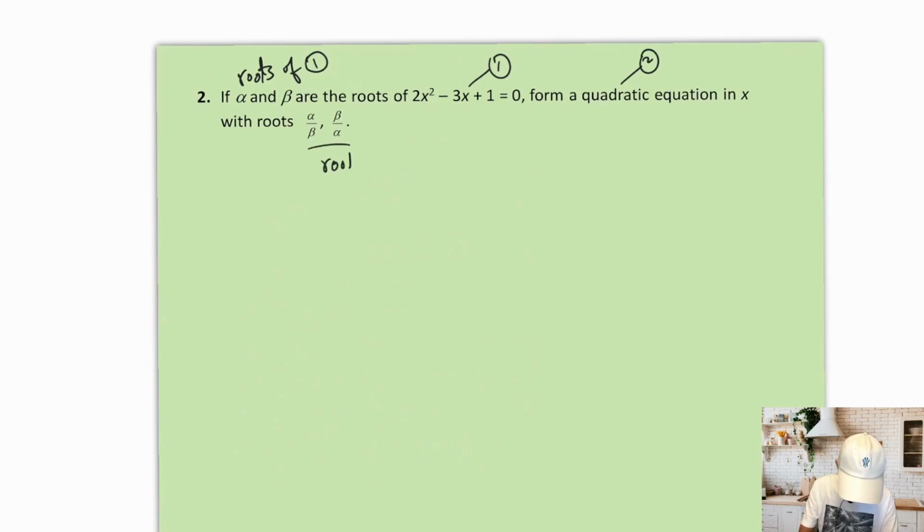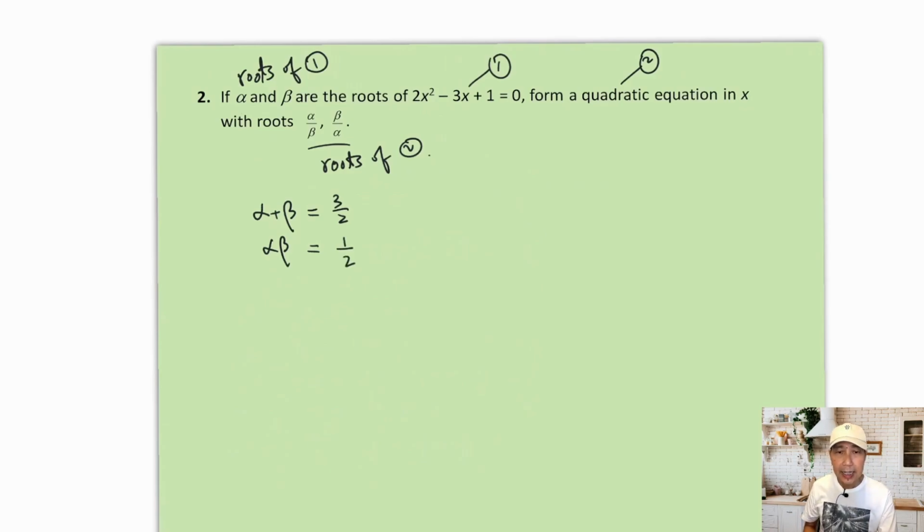We follow the 3 steps in the previous questions. First step, find alpha plus beta and alpha times beta. Alpha plus beta is negative b over a, 3 over 2, and alpha beta is c over a, 1 over 2.